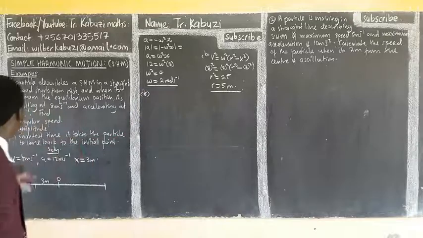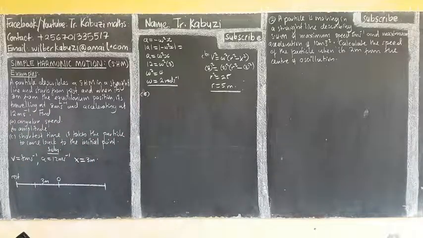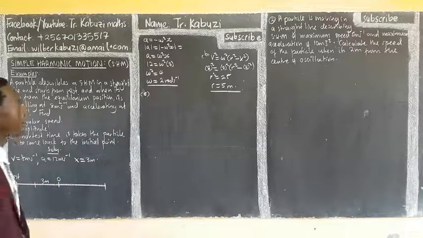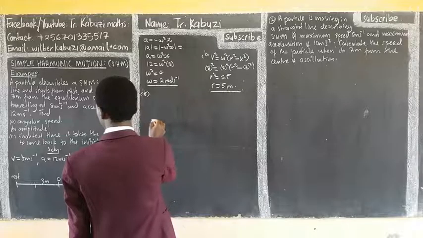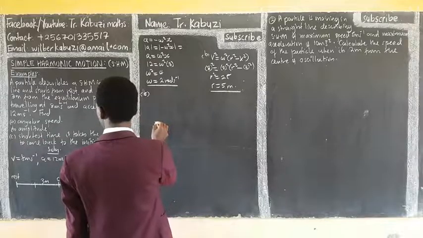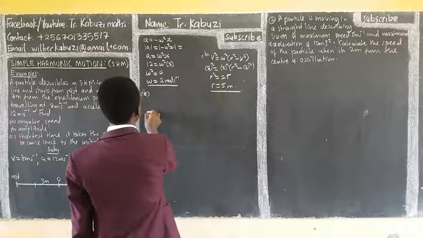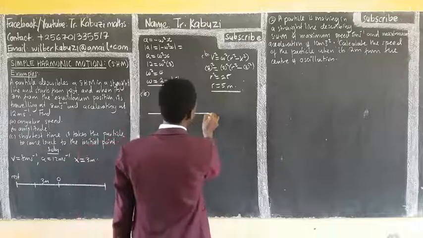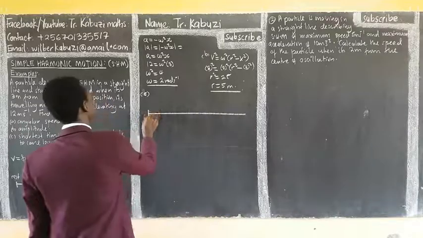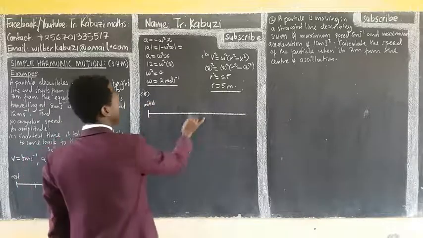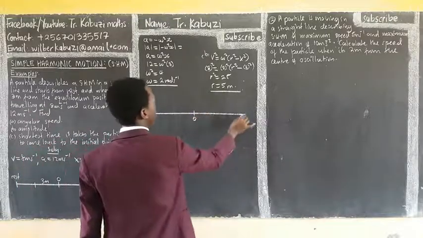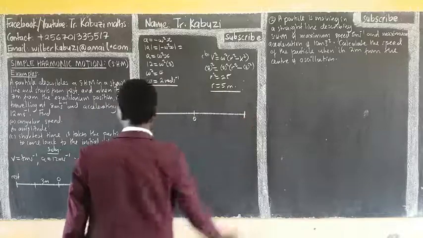Then let this be now part C. They're asking us how long it takes the particle to come back to the initial point. Now, there, first of all, this is the idea that we are going to use. This is the initial point. So this is our O, this is our end point.